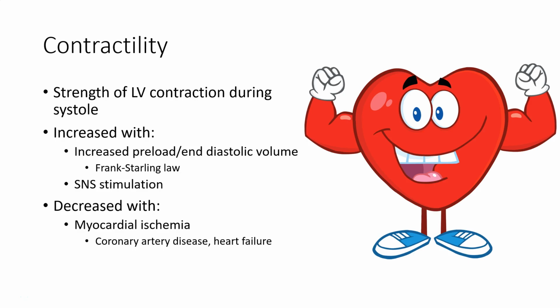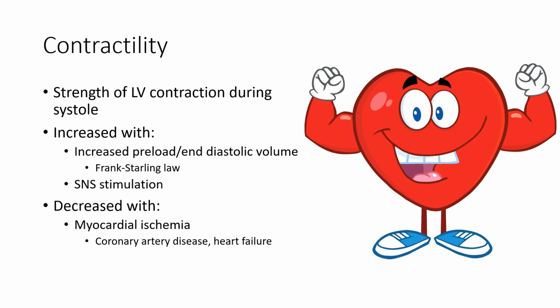If you want to increase stroke volume, you're going to increase contractility. And so contractility is increased when you have an increased preload or increased end diastolic volume. And that is that Frank-Starling law, where the more you fill the ventricle, the more it can snap back and contract harder. So like the further you pull out a rubber band, the further it can snap back.